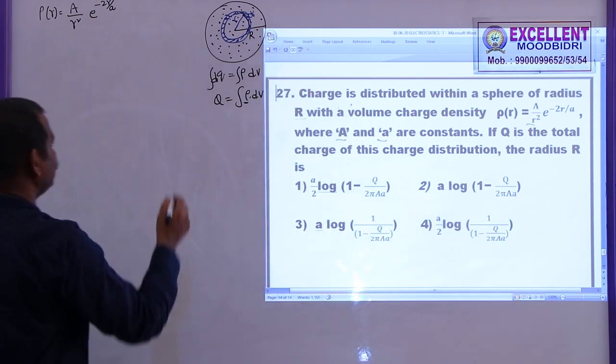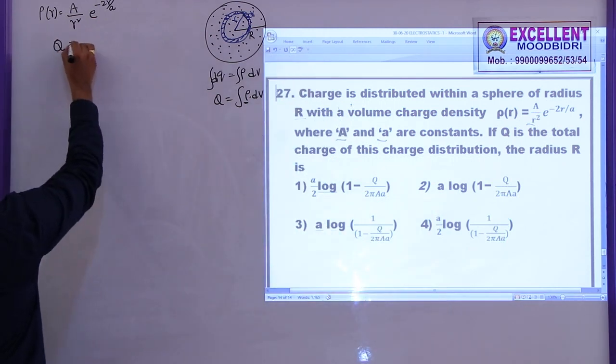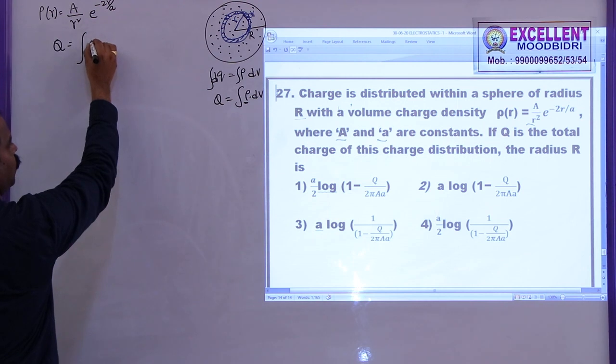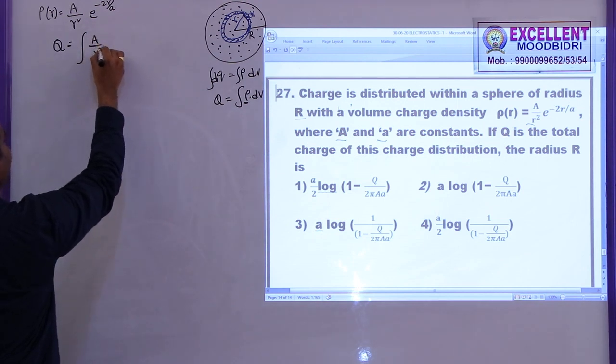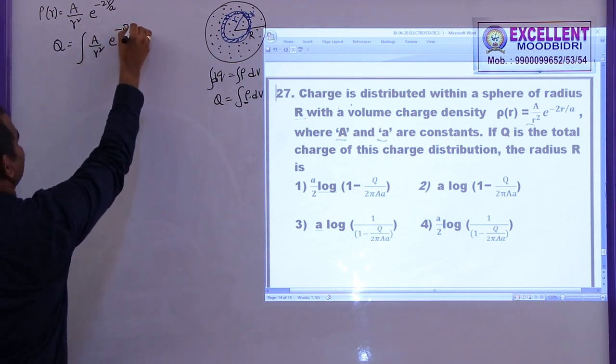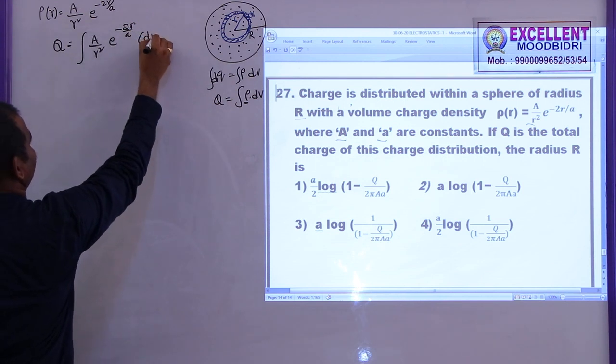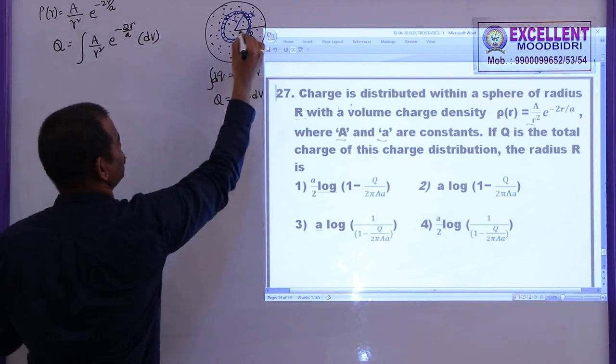So let me write the total charge Q as the integral of ρ, which is A by r² e^(−2r/a), into dV. So what is the volume of this spherical shell?